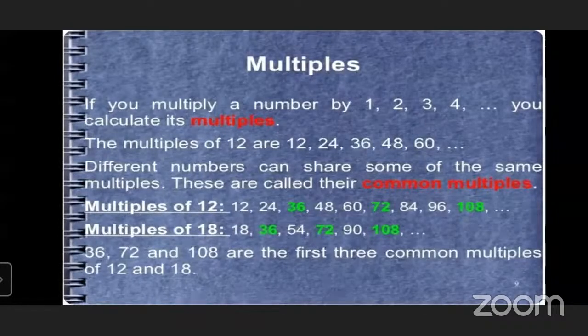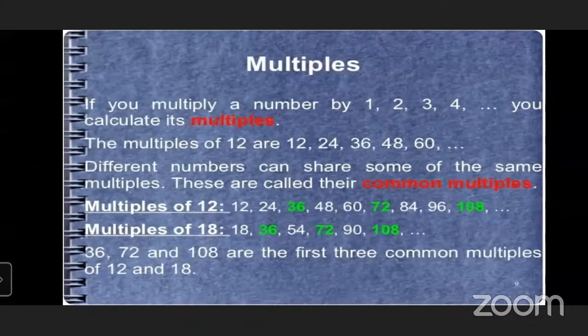18 ones are 18, 18 twos are 36, 18 threes are 54, 18 fours are 72, 18 fives are 90, 18 sixes are 108. Now, in these multiples of the two numbers, some are common, and those are written in green color: 36, 72, 108.